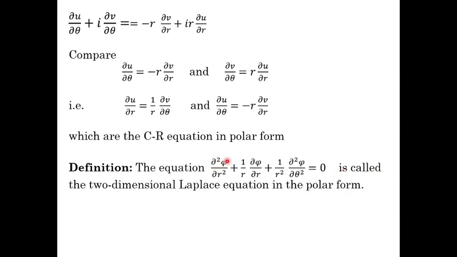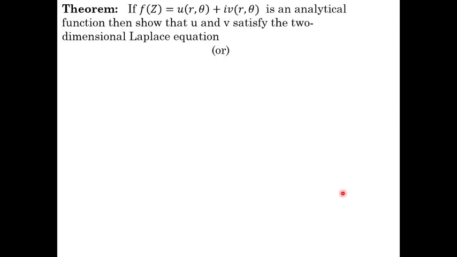That is, dou squared phi by dou r square plus 1 by r dou phi by dou r plus 1 by r square dou squared phi by dou theta square is equal to 0, called the two-dimensional Laplace equation in polar form. Therefore, this phi is called a harmonic function in which form? In polar form. Okay. Now, another theorem.